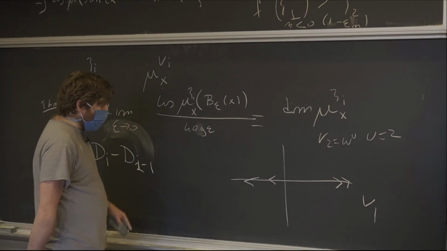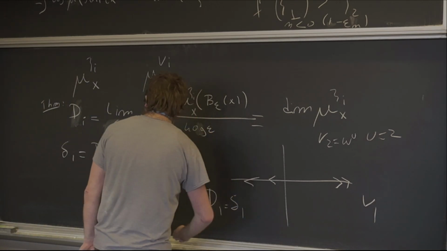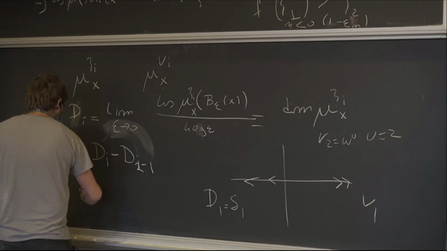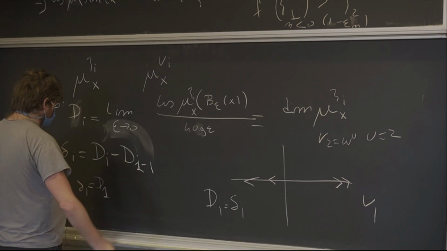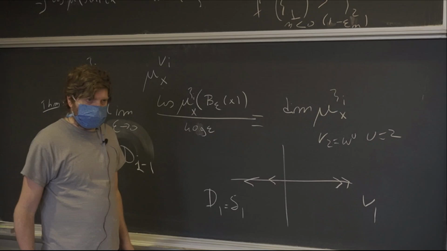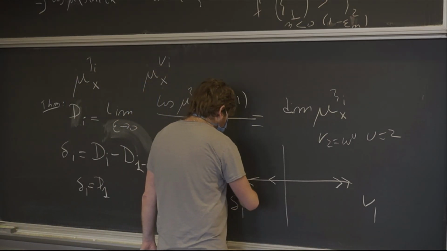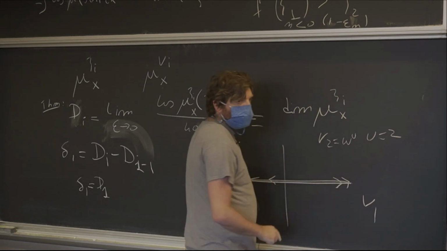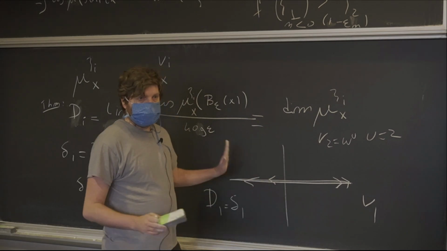Then d_1 is equal to delta_1 naturally. So I didn't say, but you can put d_0 equal to 0 either way, which is actually that. You take the conditional measure and you look at the dimension of the conditional measure.